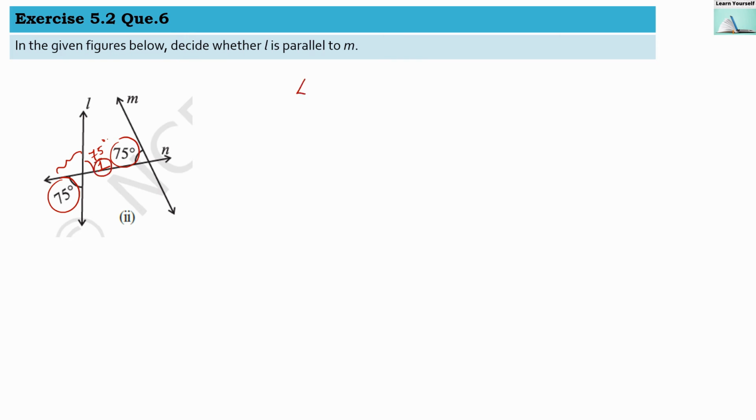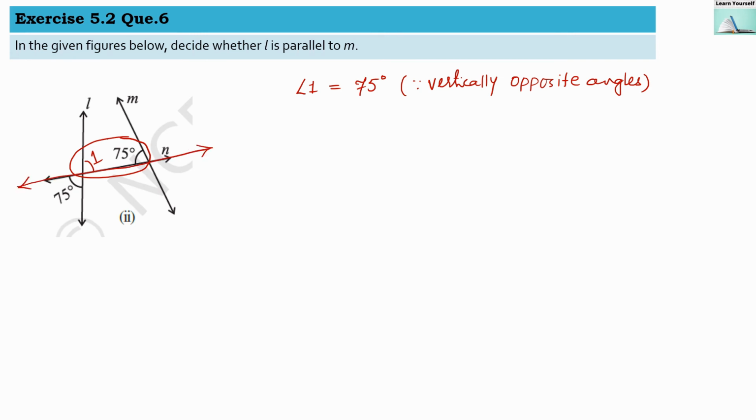So angle 1 equals 75 degrees as they are vertically opposite angles. Now this angle 1 and this 75 degree angle are both interior angles on the same side of the transversal. This line is a transversal. So they should be supplementary.